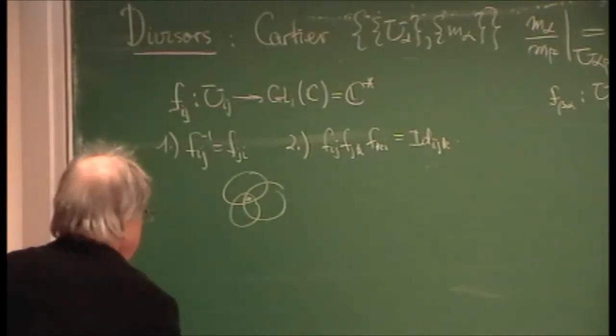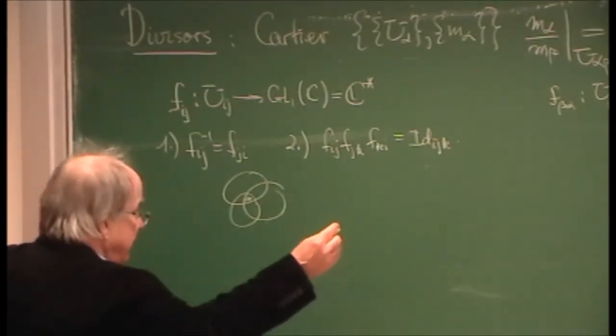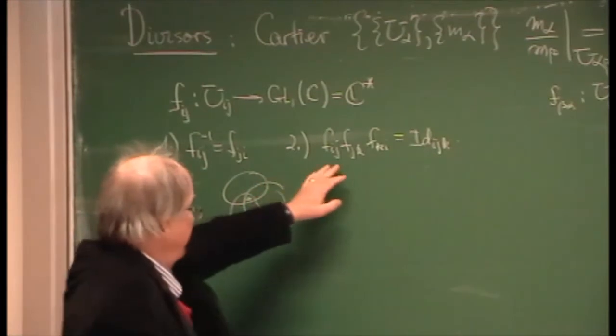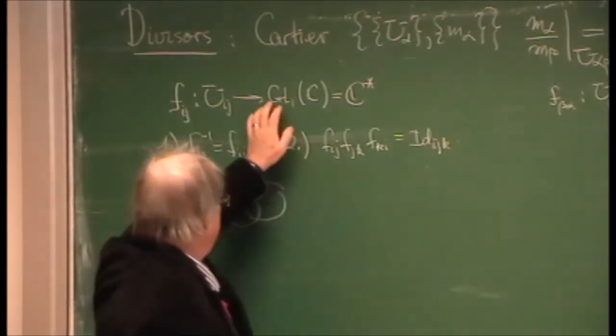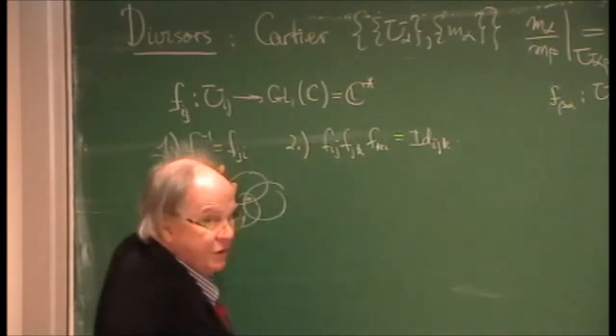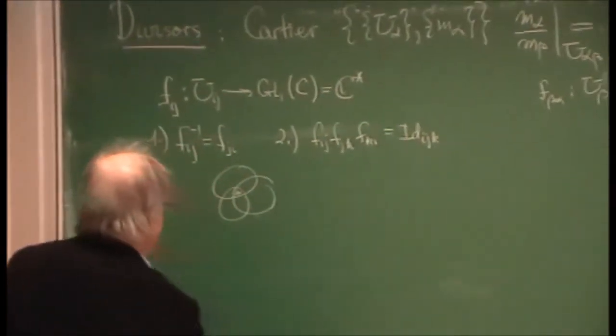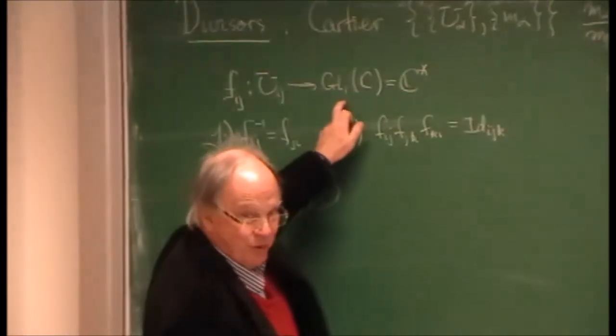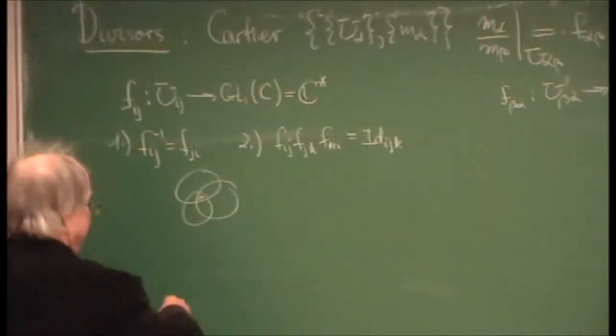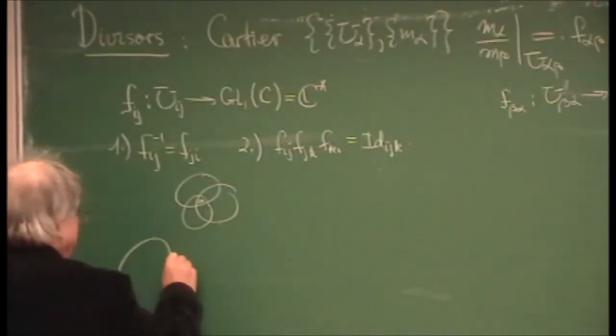Okay. So recall the business about vector bundles. If you have mappings in a GLN which satisfy these conditions, you get a vector bundle. It's the same thing. Now these happen to be 1 by 1 matrices, so we get a line bundle.